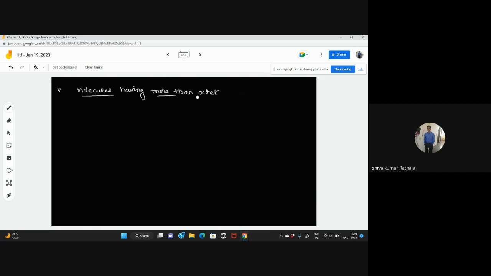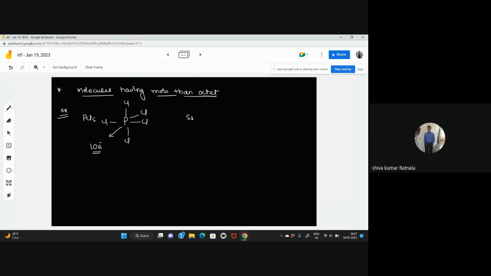More than octet means what? More than 8 electrons are there. For example, if I'm taking PCl5, it will be like this. So 5 bonds means how many electrons are there on phosphorus? 10 electrons, no? That means more than octet.